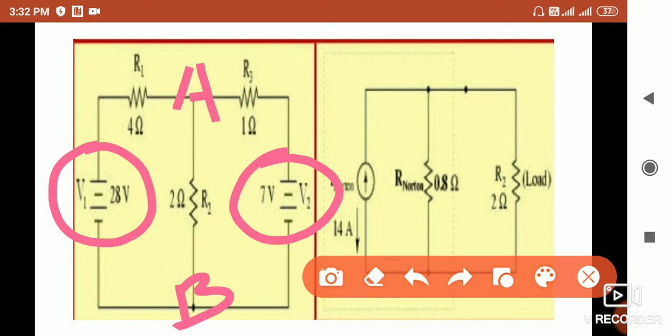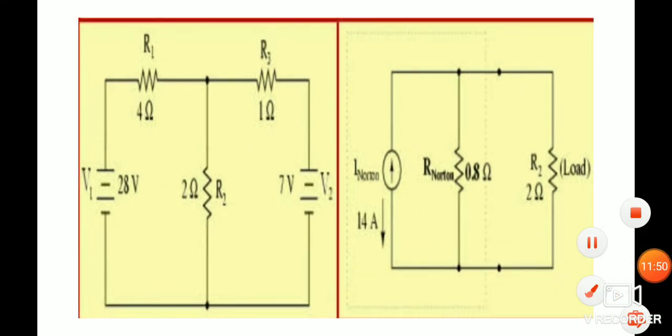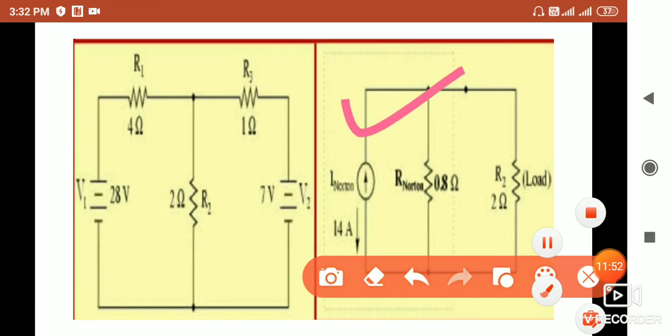So this is our Norton's equivalent circuit. IN is equal to 14 ampere and RN is equal to 0.8 ohm. How to find it, we can see in the next slide.